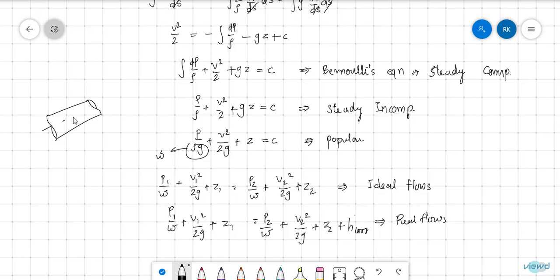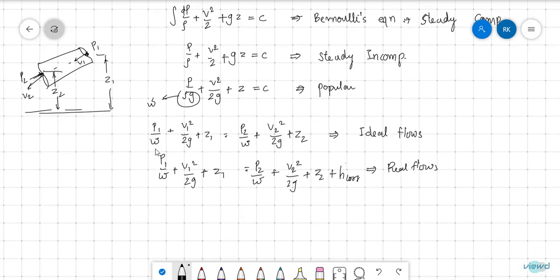If this is a pipe, and here the pressure is p1, velocity is v1, and this height from any datum is z1. Here the pressure is p2, velocity v2, and height is z2. So these are the values in this case.